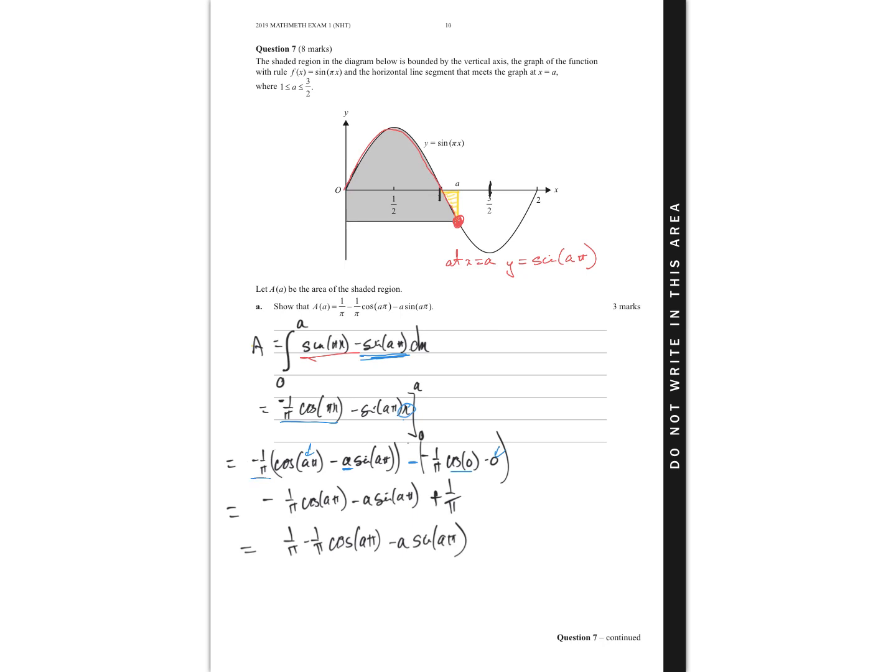I'm not multiplying that through at all. It's just there multiplying the cos. Negative a sine a pi is just that. Minus negative 1 is a plus 1 on pi. So if I bring that plus 1 on pi out to the front, I get those 3 terms, which are the 3 terms there.